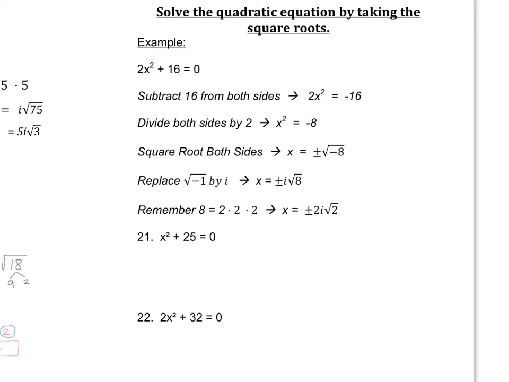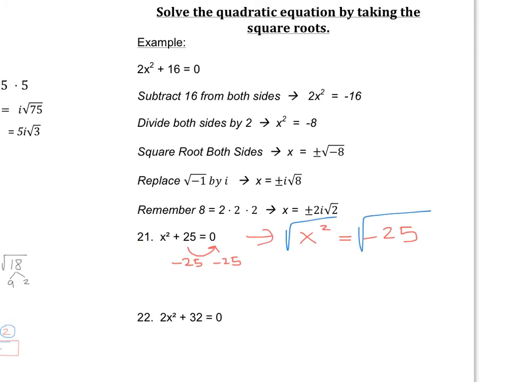The first thing you need to do is to isolate the x squared. So I need to move the 25 to the other side. To do that, I need to subtract 25 from both sides. So I end up having x squared equals negative 25. Now I have to get x. Since I have x squared, to get x, I need to square root both sides.